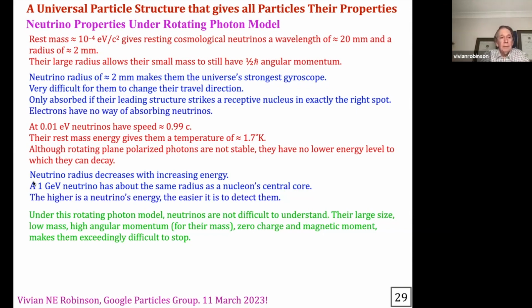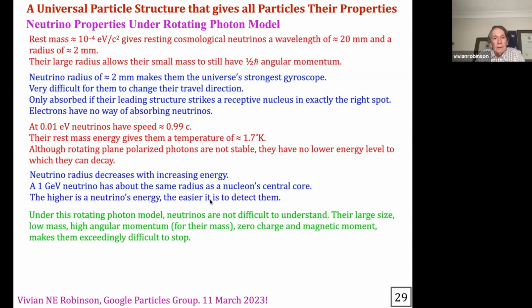Another particular property, a neutrino radius decreases with increasing energy, just the same as I showed earlier. A 1 GeV neutrino has about the same radius as a nucleon's central core. And that's why higher energy neutrinos are easier to detect, because they're about the same size as the nucleons and nuclei that can detect them.